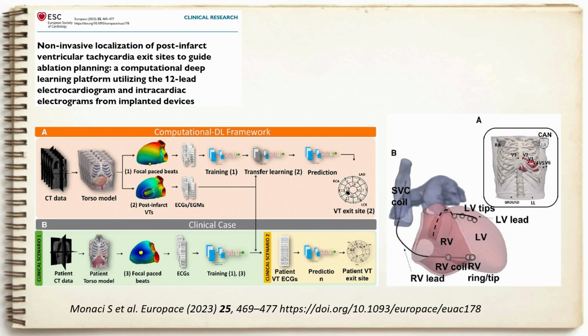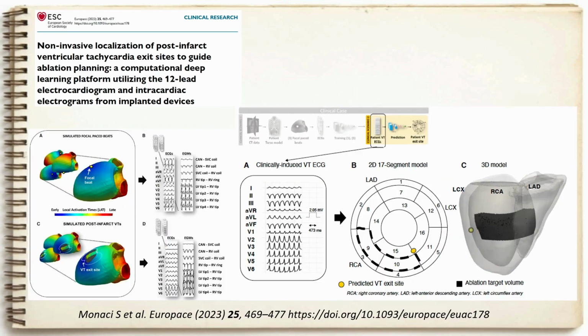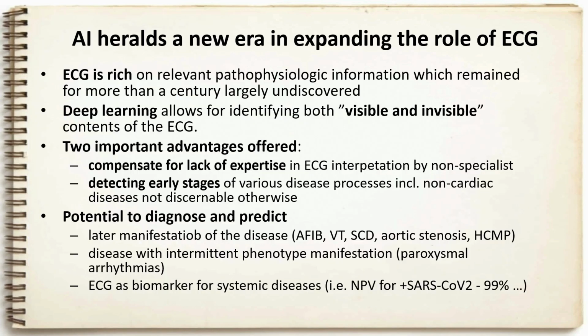Very frequently, we don't have a 12-lead ECG from ventricular tachycardia, but what we have in patients with ICD are intracardiac signals, intracardiac electrograms, and you can combine this information and obtain a proposal on exit sites and scar location and expected scar volume, which will be relevant for ablation.